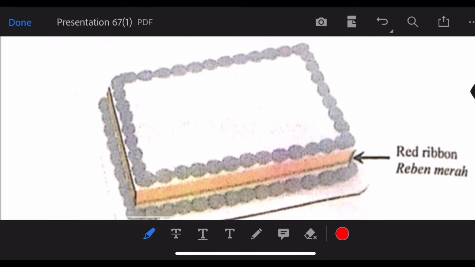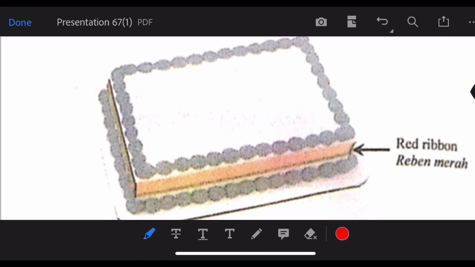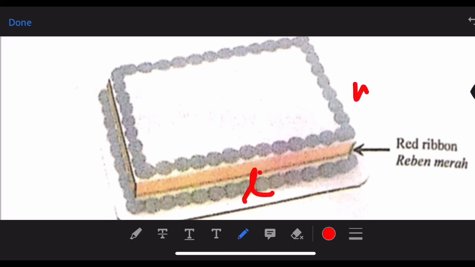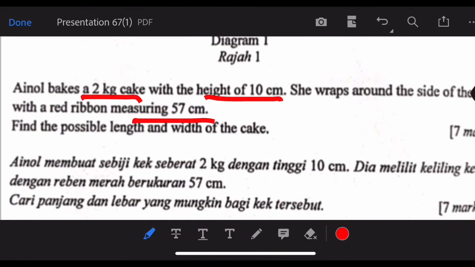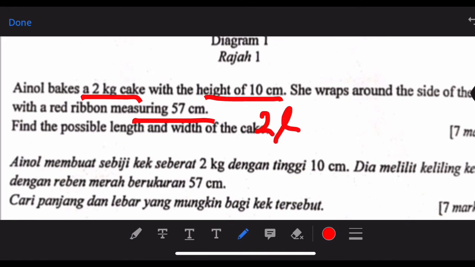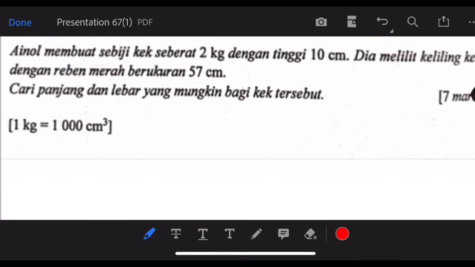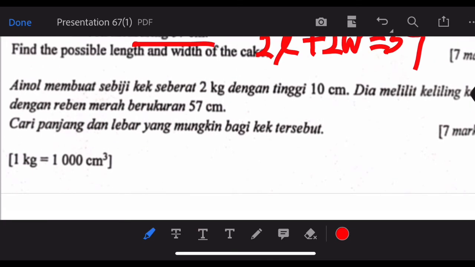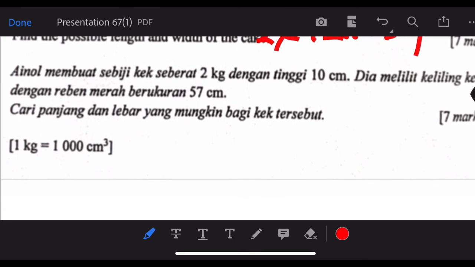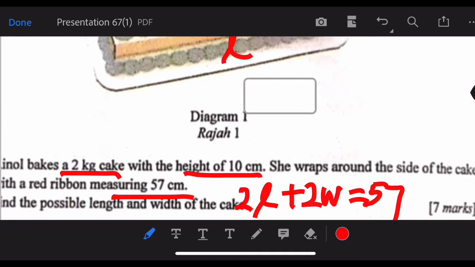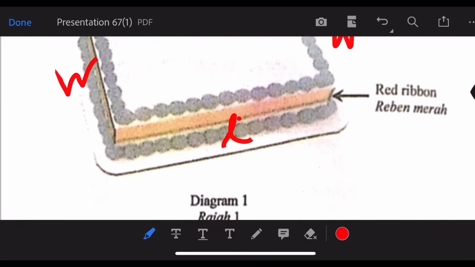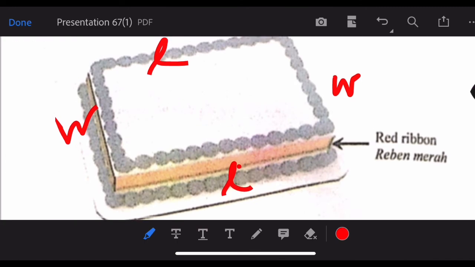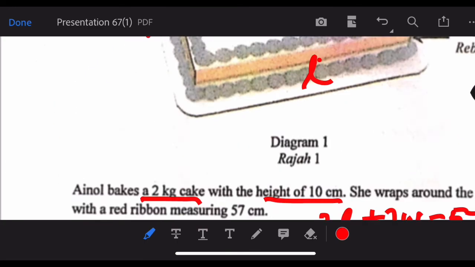So for the ribbon, we have the length and the width. First information we can write: 2 length and 2 width is equal to 57. Alright, and then 1 kg is equal to 1000 cubic centimeters. So we will take the length and width and multiply, right?